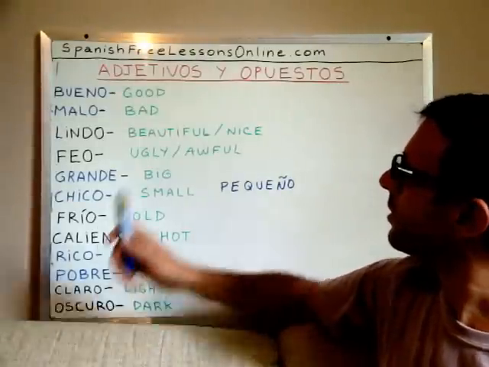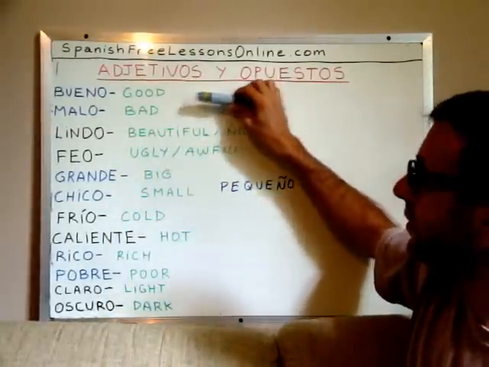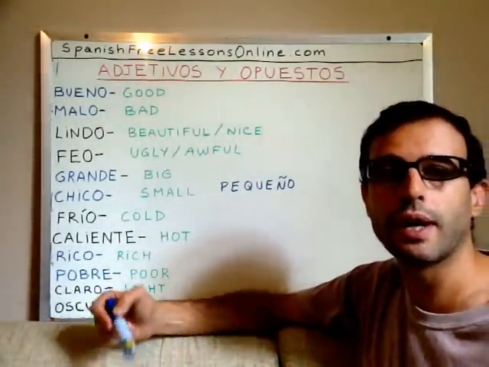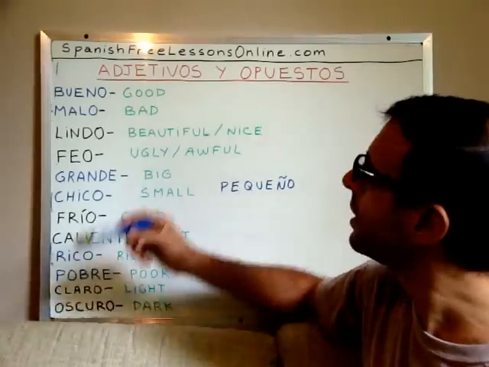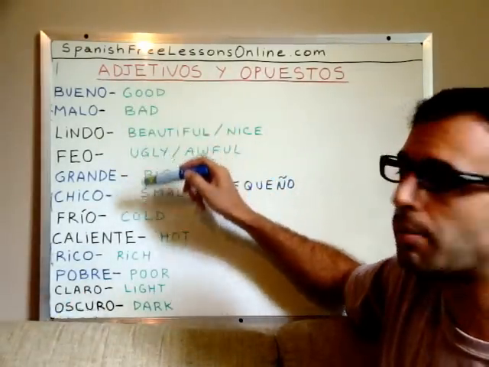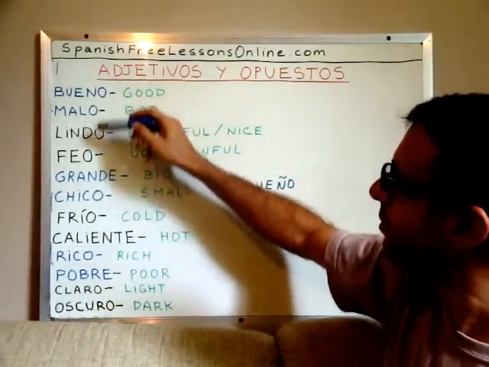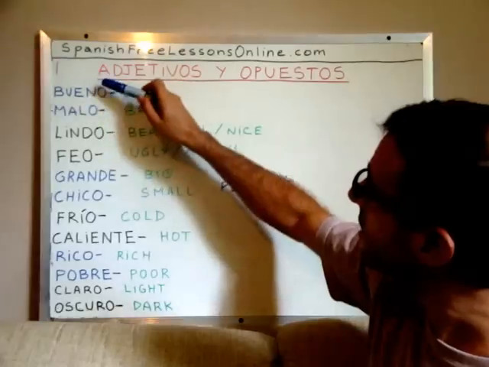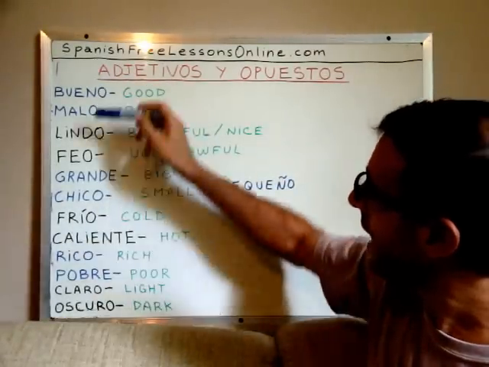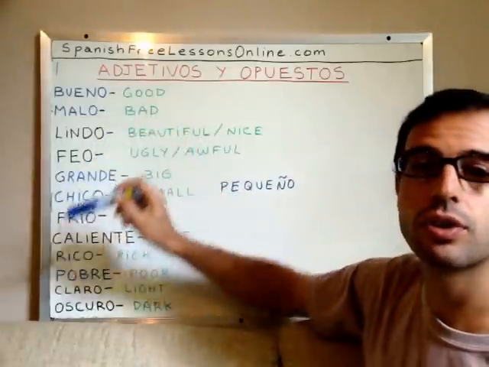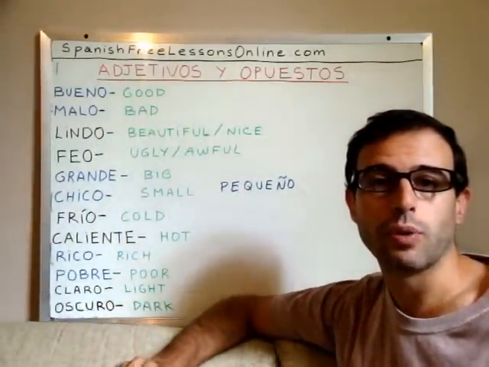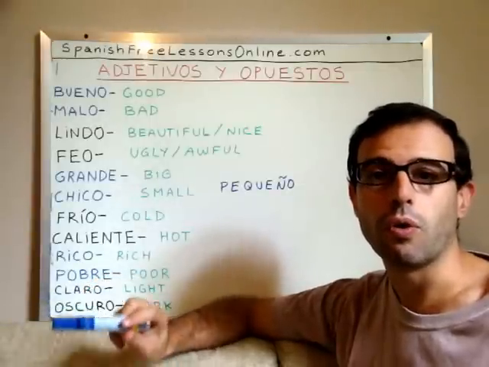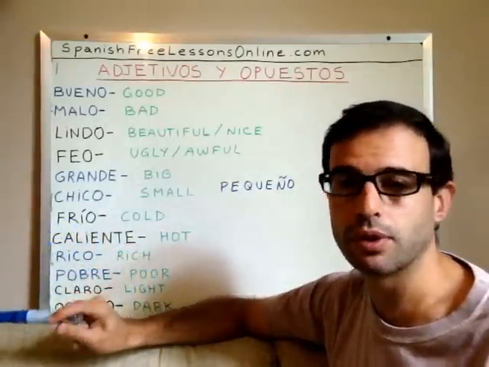Today we'll only see these sets of opposites, and in our next class we will see some examples using sentences for each one of these new adjectives. Remember that since these are adjectives, the end changes according to the noun, whether it is singular or plural, feminine or masculine.